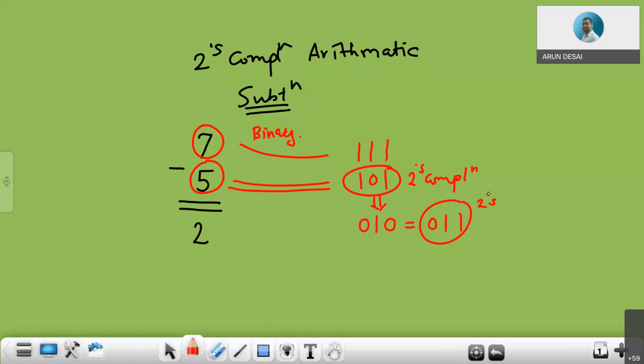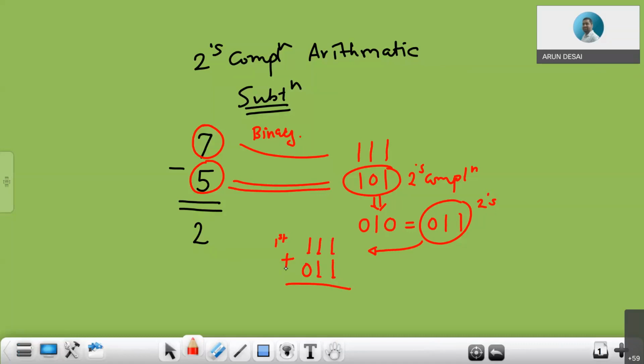Now the second step is to add that number to the first number. What is the first number? The first number is 7, that is 1, 1, 1. Add this number to the first number. The two's complement of 5 is 0, 1, 1. Now add this two's complement number to the first number.